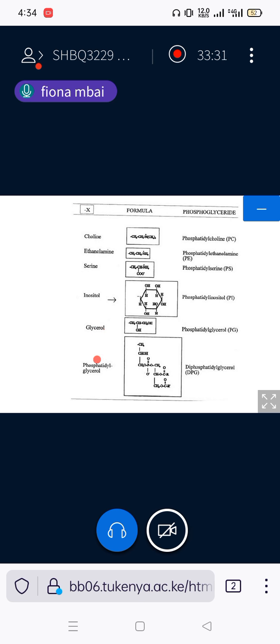Phosphatidylethanolamine, and so all these.